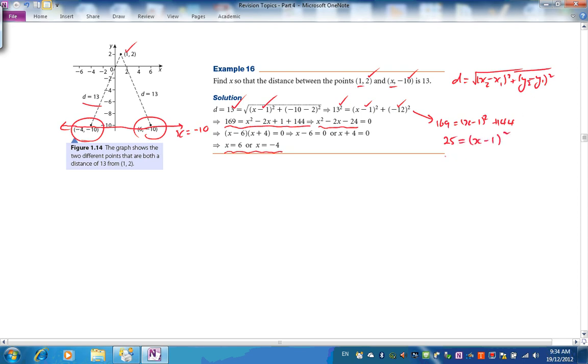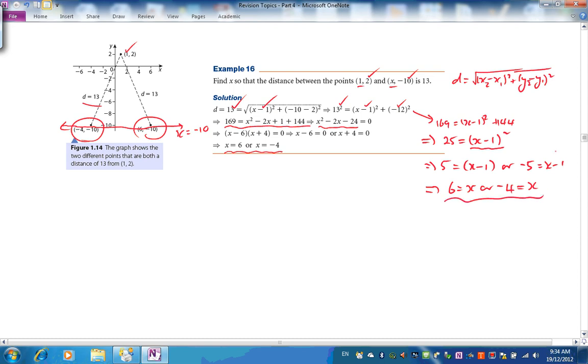So what's x take 1? 5, or, we put implies, or -5. Okay, do you prefer this method? Don't forget there are 2 solutions to this. You can take the positive or negative square root. So here x is 6 or x is -4.